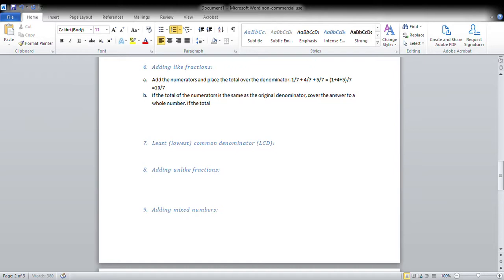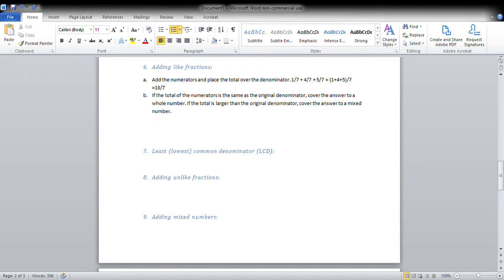If the total is larger than the original, convert the answer to a mixed number, which we will do now.